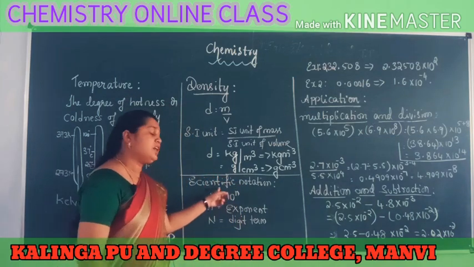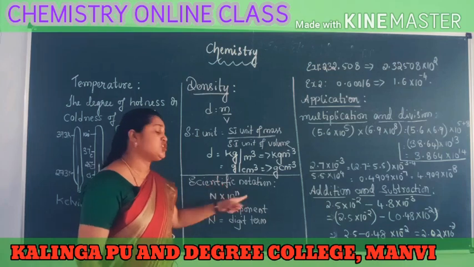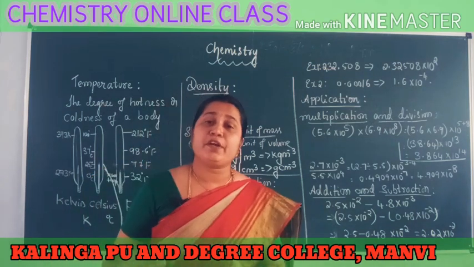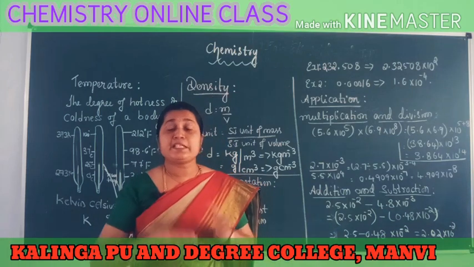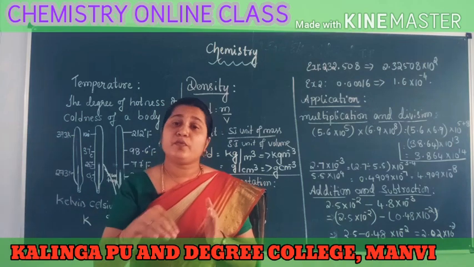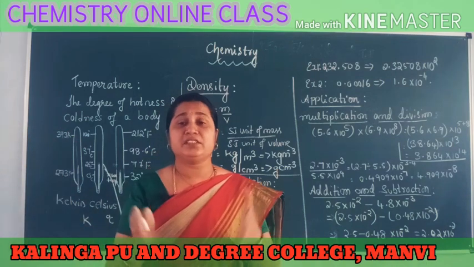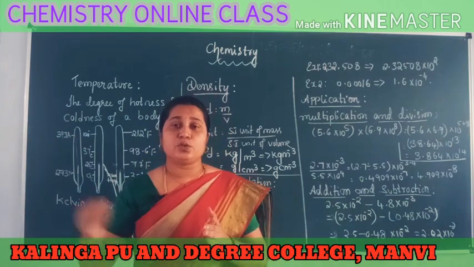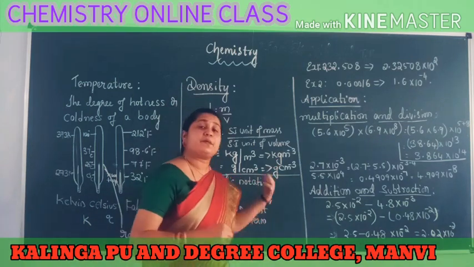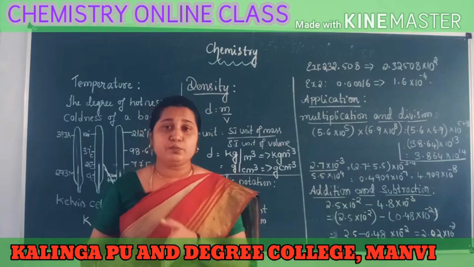So a calculated value comes from theory, and a calculated value comes from our experiment. So the experimental calculated value and the theoretical calculated value, whether they both match, how you can write that in a simple way, means you can write it with the help of a notation called scientific notation. What is that? Scientific notation.